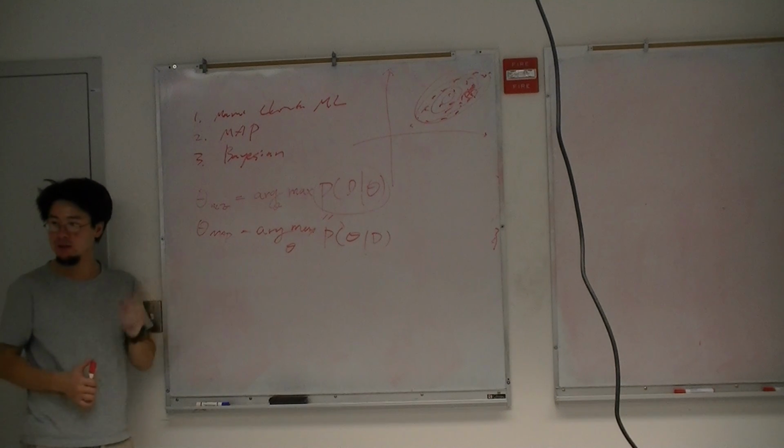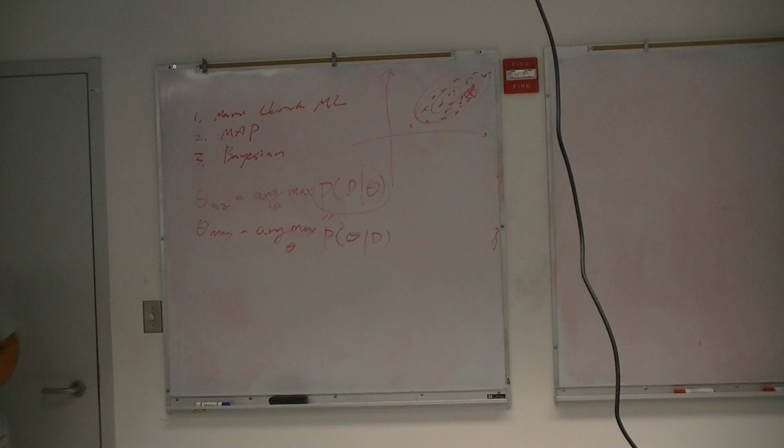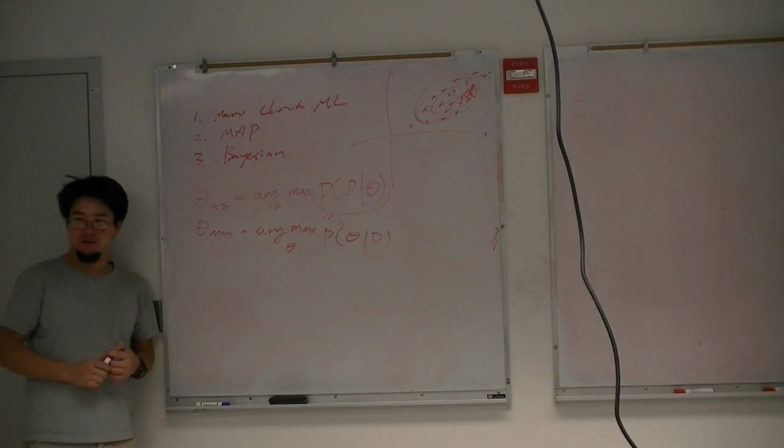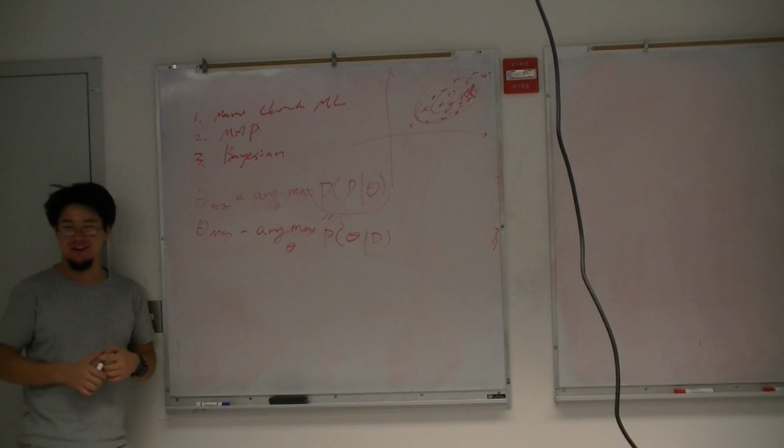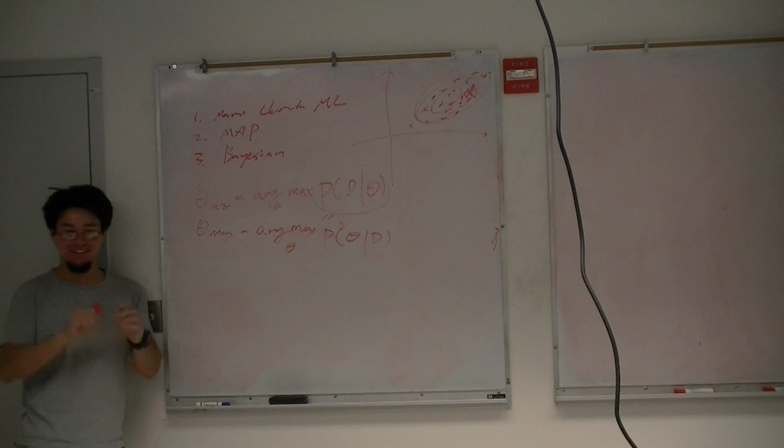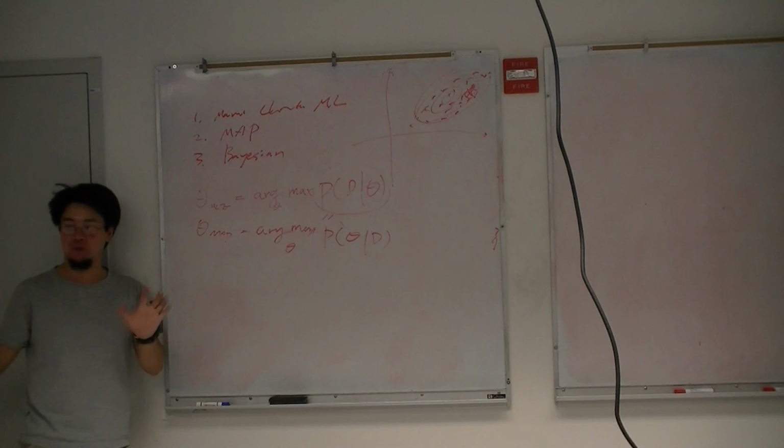Excuse me. Before continuing, is there any route to find the P of theta? Because, for example, you select a distribution for P of theta to make the calculation easy. How do you find it? I think the simple answer is there is a table. There is a distribution mapped to a conjugate prior.